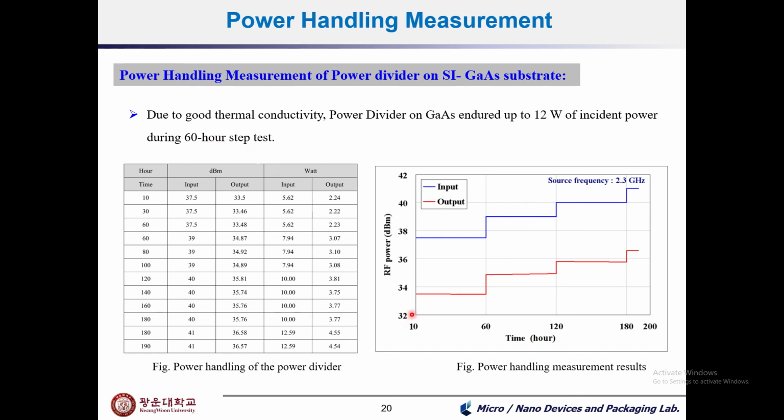So we can see the 4, 8 and 12. So 12 watt of input power is endured during the 60 hours of the step test. So these are the power handling measurement results.